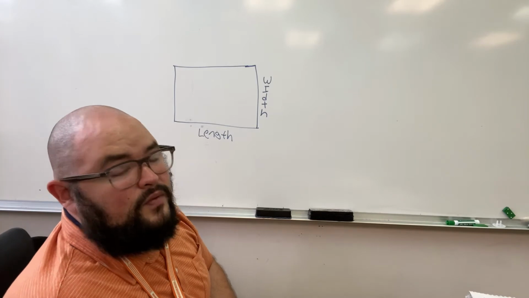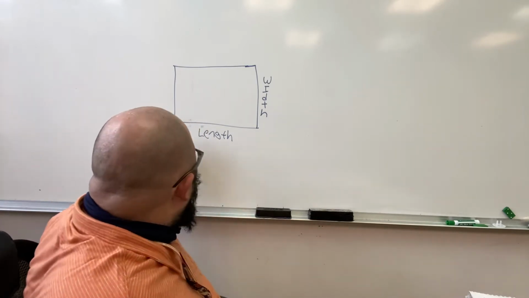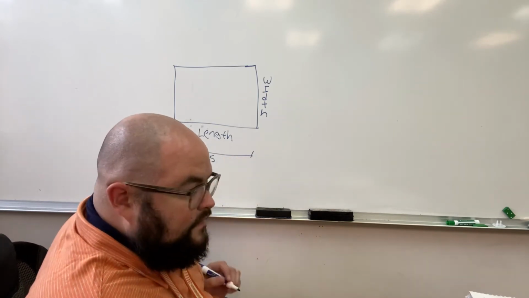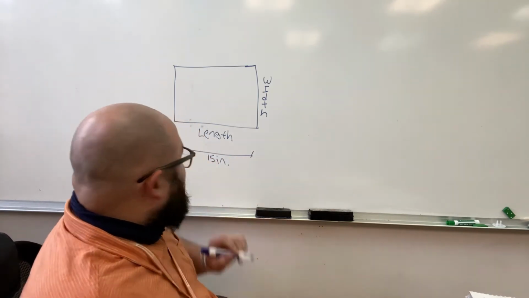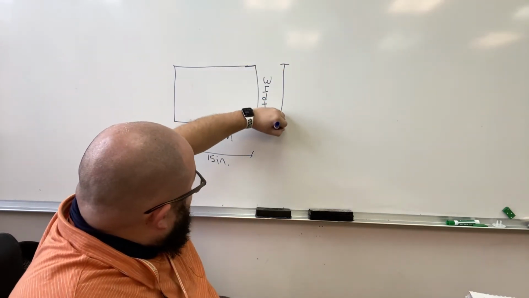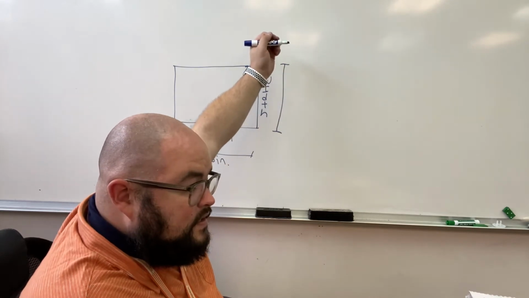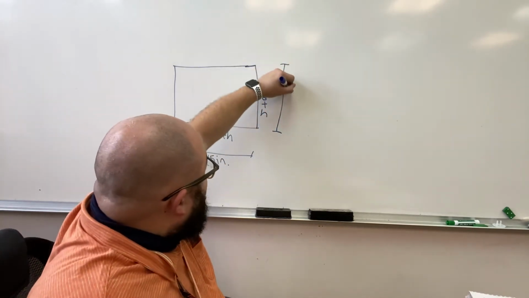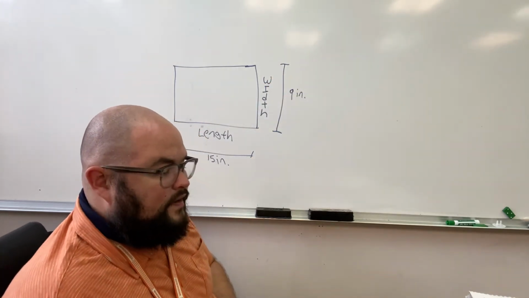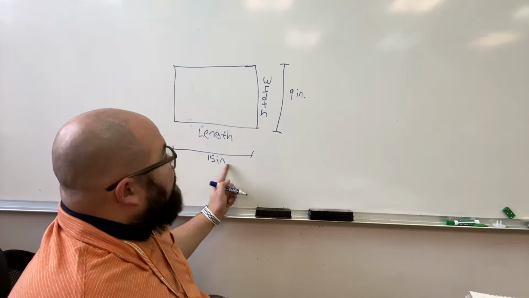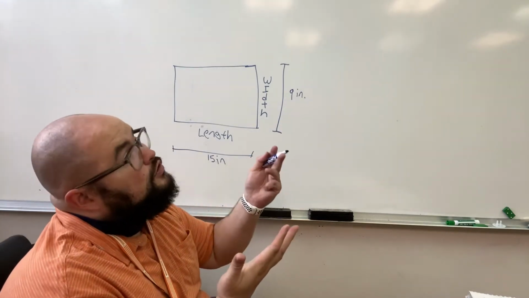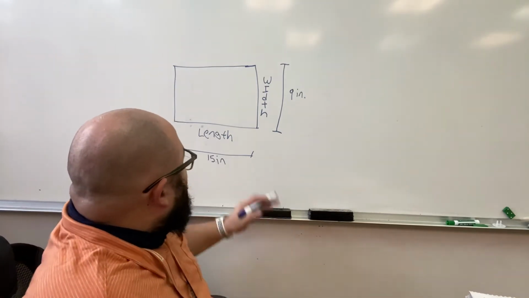So if you're looking at number 1, we know from here to here is 15 inches, right? It tells us that. And then from here to here is how many inches, guys? 9 inches, right? So how would we find that? Could we say 15 plus 9 is 24?